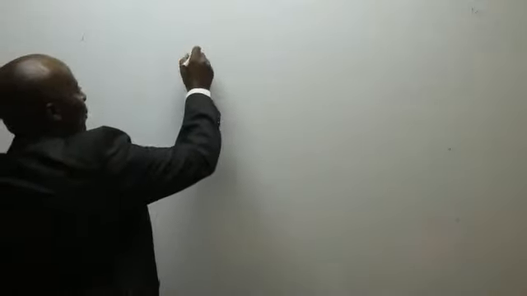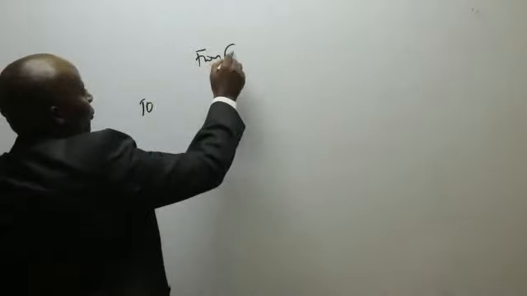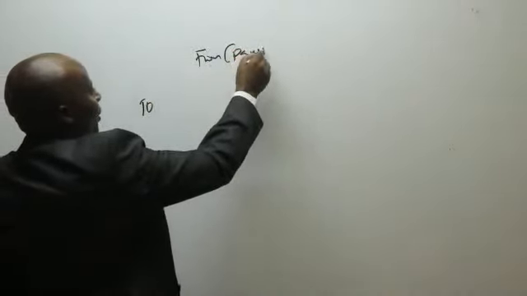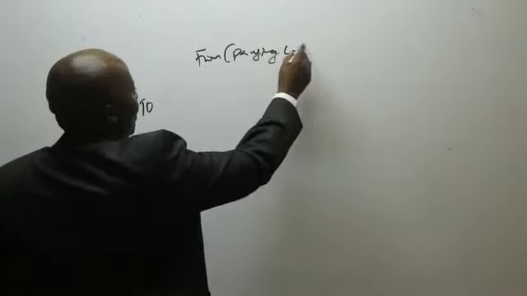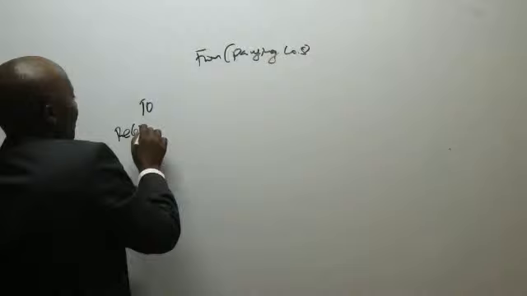I will have here "from", and then I'll have here "to". So this is from the paying companies, and then we have here the receiving companies.